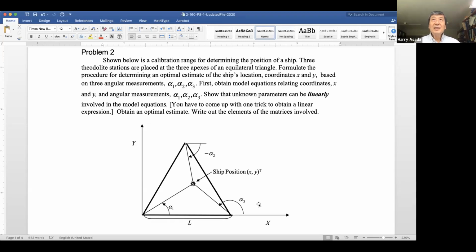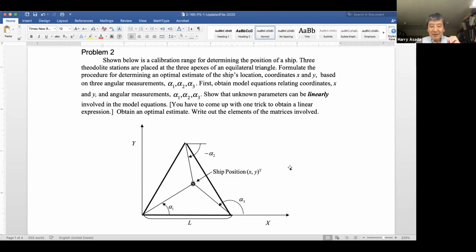So if you write out the equations, just representing the algebraic geometric relationship among these variables, at first look, you don't see linear expressions where the parameters to obtain are linearly involved. But these are trigonometric equations, you can manipulate these equations, right?